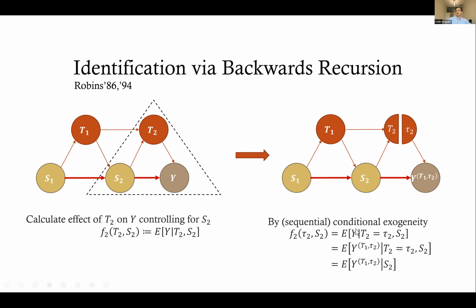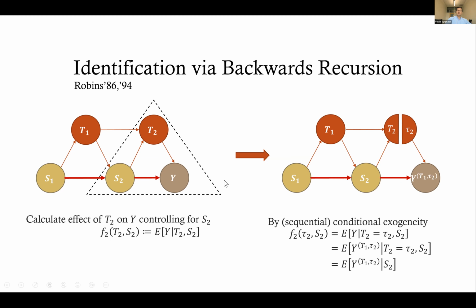So F2 of tau2 is the expected Y, conditional on T2 equals tau2, but then that is really this potential outcome over here. And because of sequential exogeneity, we can drop the conditioning on the second period treatment, and we get exactly the mean of the potential outcome that we care about, conditional on just the state.